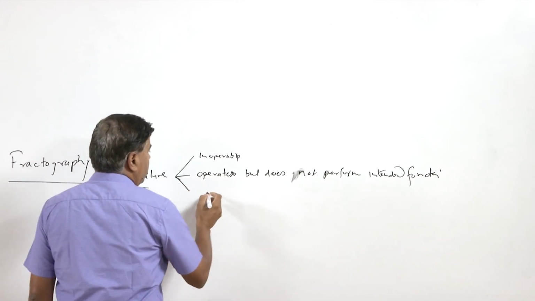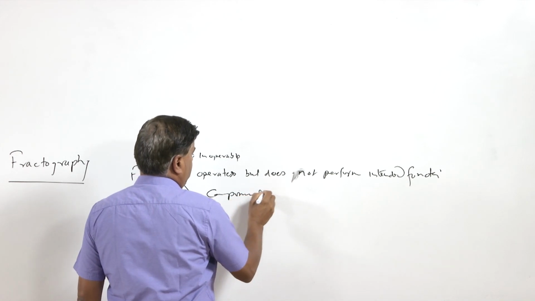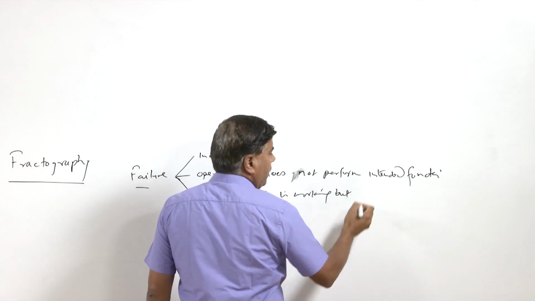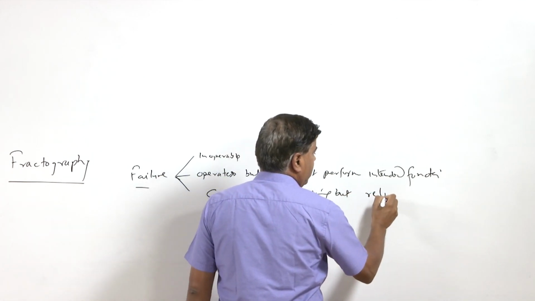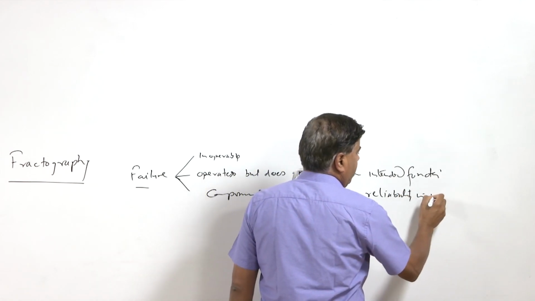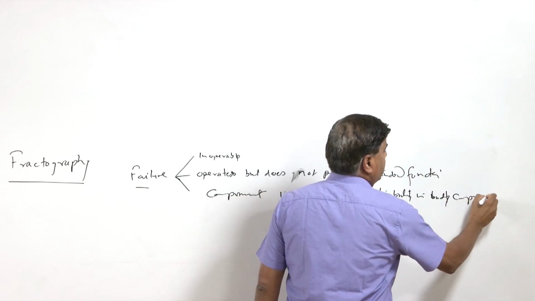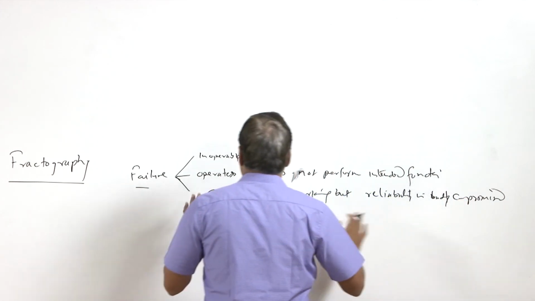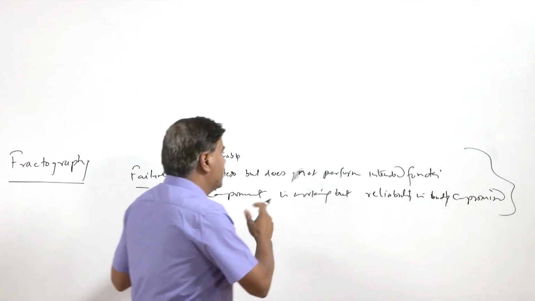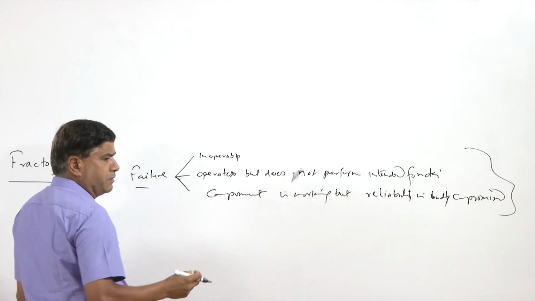And the third is where the component is working, but its reliability is badly compromised. These are the three categories under which we say that the component has failed, for any kind of component.